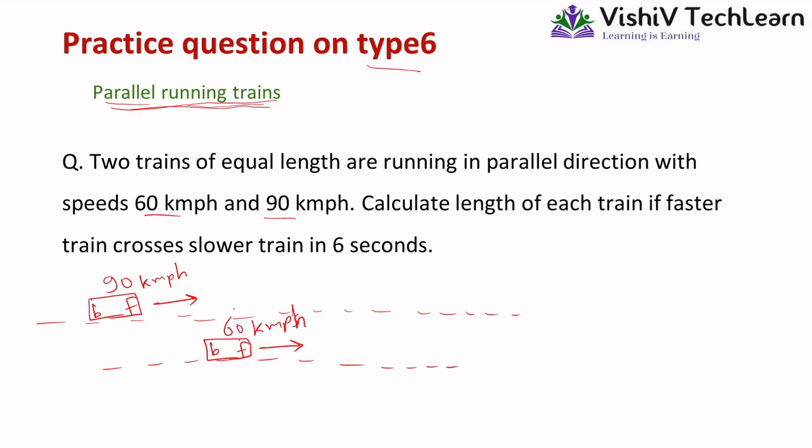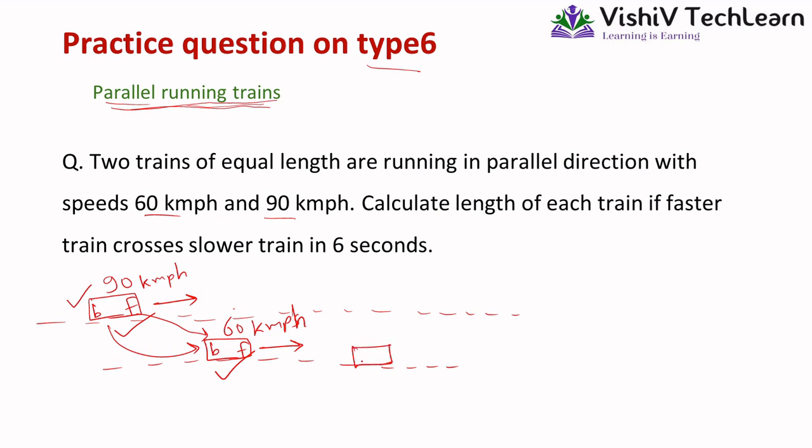Since this train has 90 km per hour speed and it is at the back of the other train, after some time this 90 km per hour train is going to cross the slower train. The faster train is going to cross the slower train. In this scenario, the front side of the faster train will first touch the back of the slower train, and then it will cross.